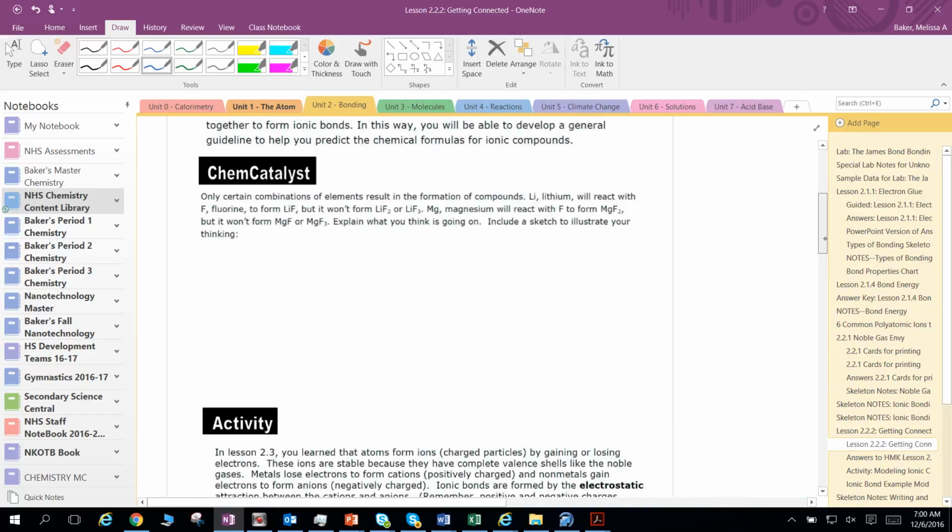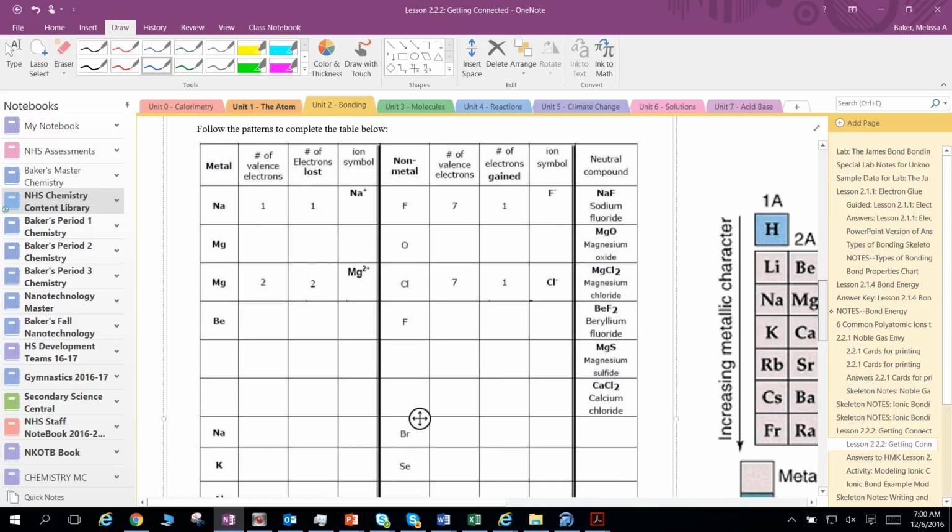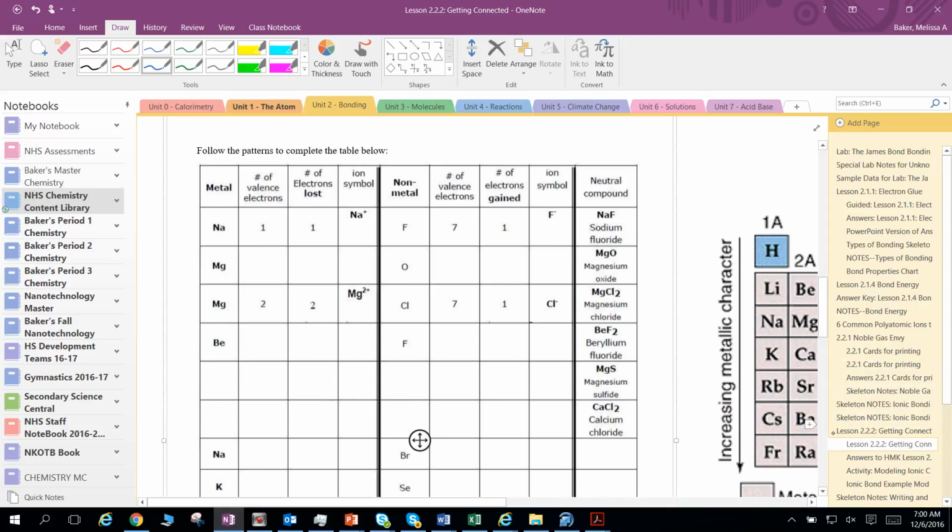So I'm going to kind of skip over the start of this here to the meat, this table. And you'll notice here that going across for each of these compounds, they list the metal first, then the non-metal, and kind of what's going on with those. And then they list the compound that forms and the name.